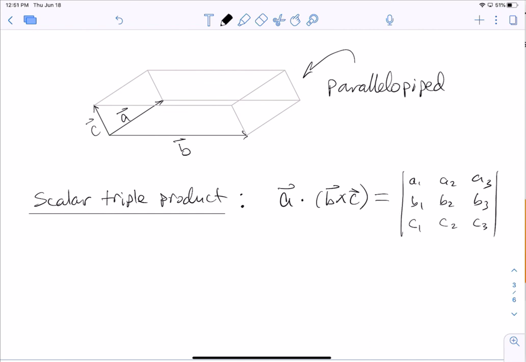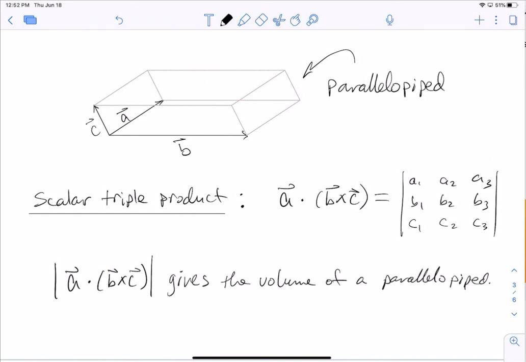How this is related to the parallelepiped is that it's the magnitude of A dot B cross C that gives the volume of the parallelepiped. Now, one note: even though the cross product has to be performed first, it actually doesn't matter in what order we write A, B, and C. You can write them in any order you want, as long as the cross product is performed first and the dot product is performed second. When you take the magnitude, you'll get the volume of the parallelepiped.